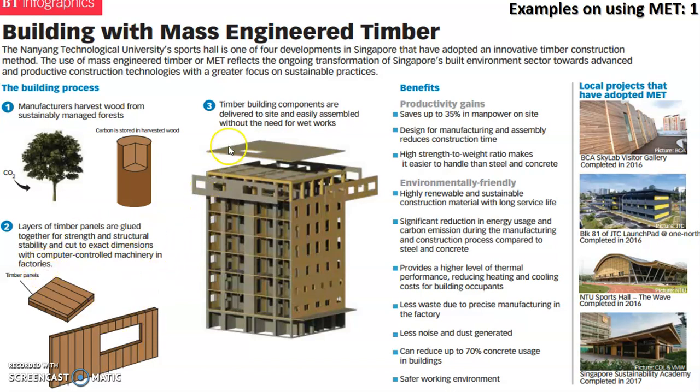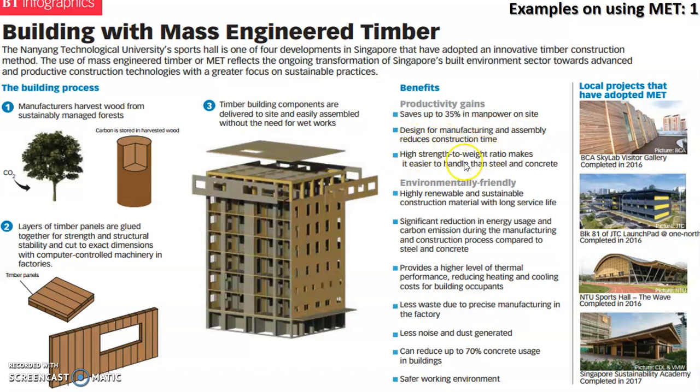Then the timber components are delivered to site and easily assembled without the need for wet works. So in terms of benefits, you can have production gains where savings up to 35% of manpower on site can be achieved. You can then apply the concept of design for manufacturing and assembly to reduce the construction time.